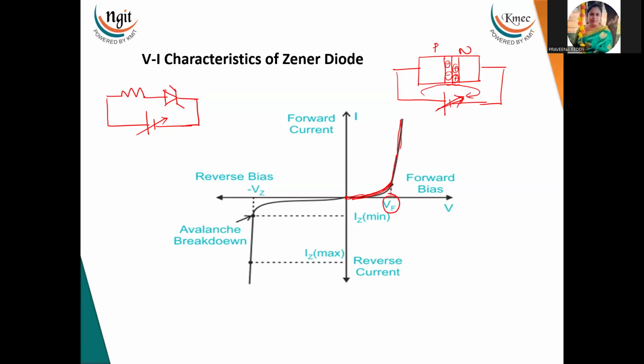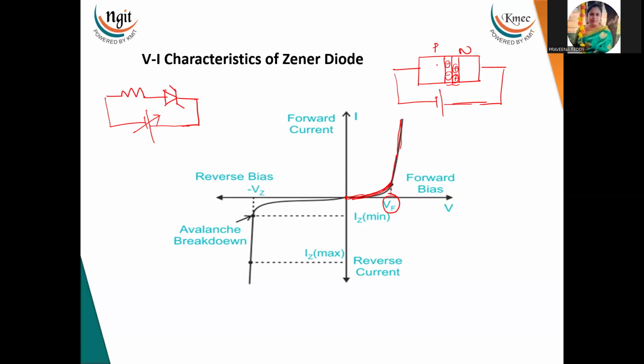Now if we apply the reverse bias, reverse bias means connecting the negative plate to the positive material and the positive plate to the negative material. So here I'm applying the reverse bias.